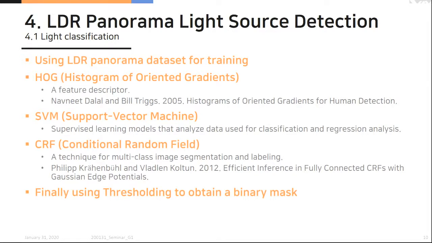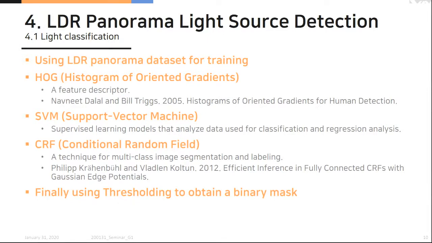To get the light from the LDR image, he used a feature descriptor and supervised learning models that analyze data used for classification and regression analysis called SVM, and also a technique for multi-class image segmentation and labeling called CRF to get the light. And from that, they created light classification, which is the subtitle of this section.